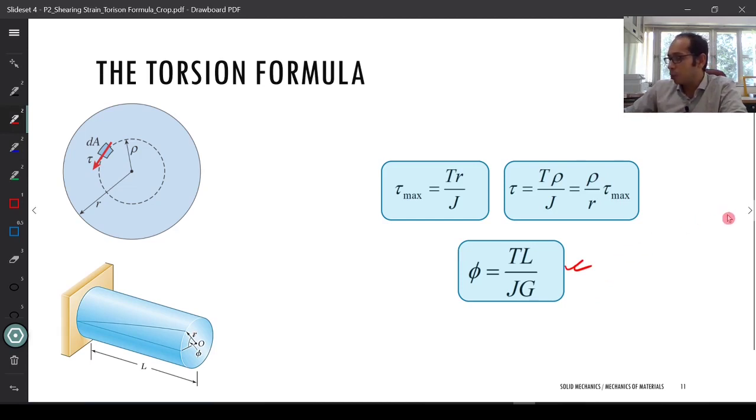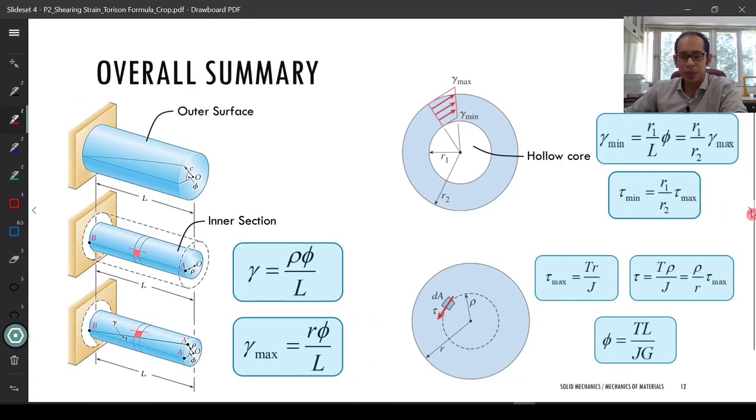Now if you have to bring all the relationships that we studied together, this is the entire summary of this lecture, if you may. We looked at an overall solid circular shaft in which we derived this relationship, to start with the shear strain gamma max equals r phi by L. You can use this as well to derive that gamma equals rho divided by r times gamma max.